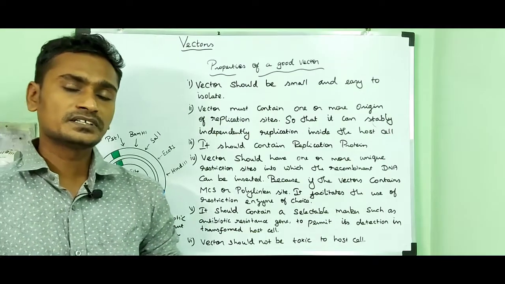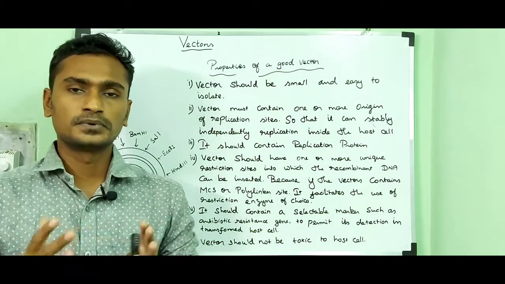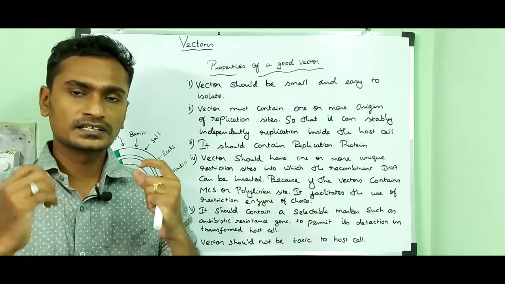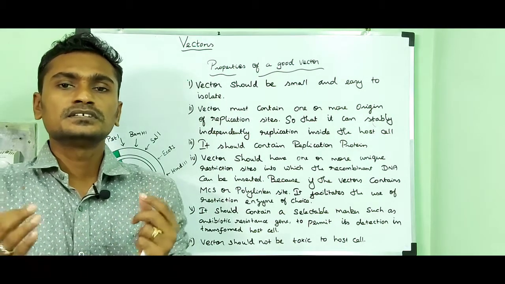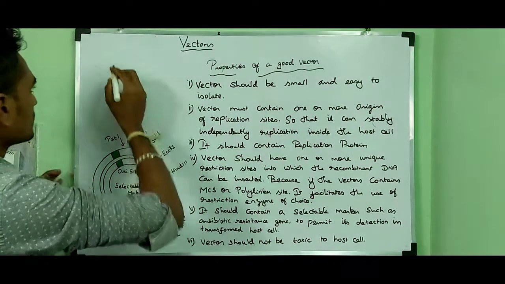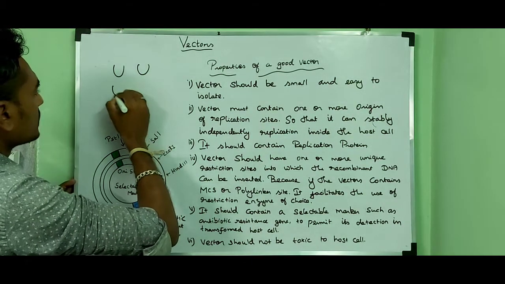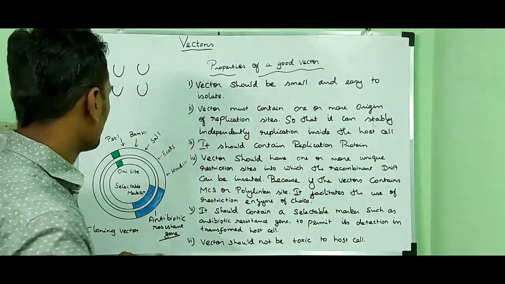During recombinant DNA technology, we have to isolate a plasmid, and that plasmid gets cleaved by the restriction endonuclease, and the gene of interest gets inserted with the help of DNA ligase. So these plasmids get cleaved by restriction endonuclease.